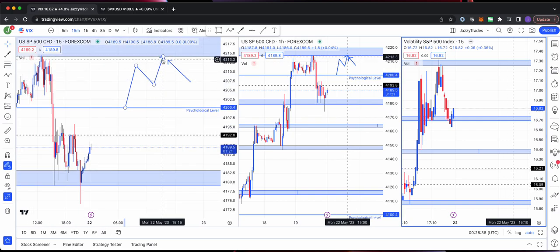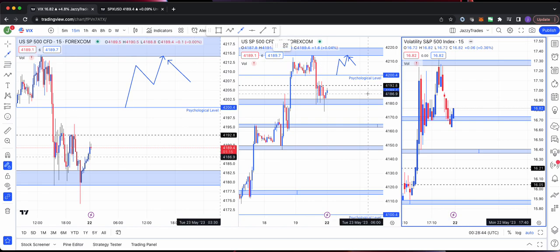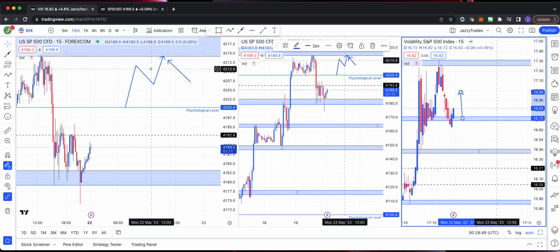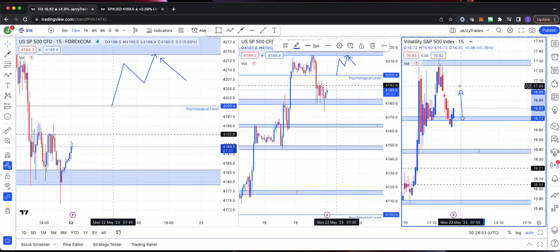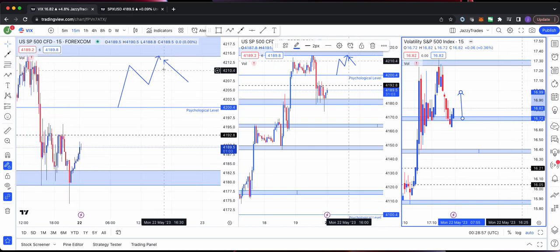No rejection, nothing, it's just here. A green candle, or a blue candle in my case, and VIX is being bullish, like this. What do you do? VIX is being bullish and you're here at 42.14. Are you going to enter calls or puts, or are you not going to do anything?